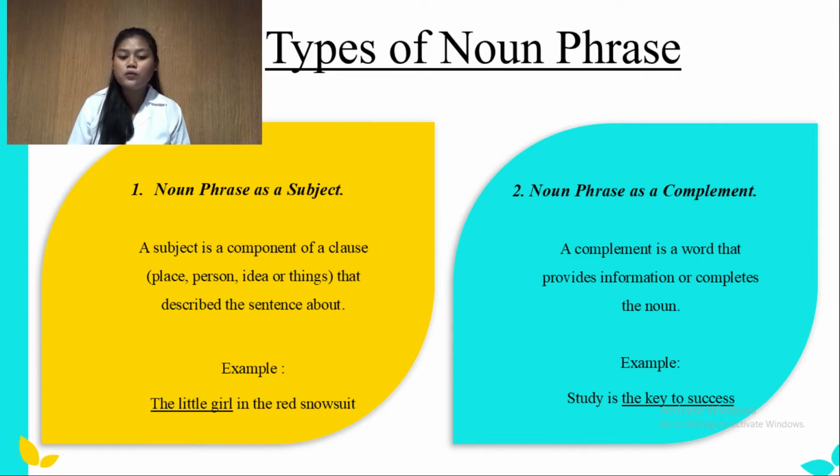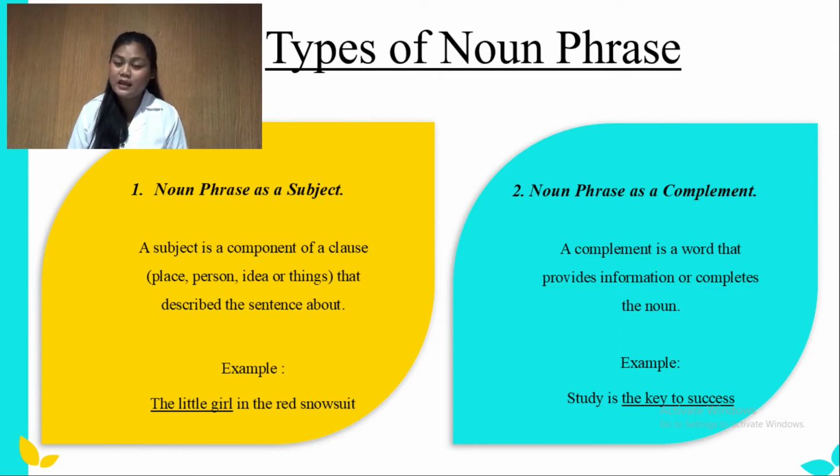As we know, a subject is a component of a clause, or it can be the place, person, thing, or idea that the sentence is about. For example, the little girl in the red snowsuit. From this sentence, the little girl is the subject.